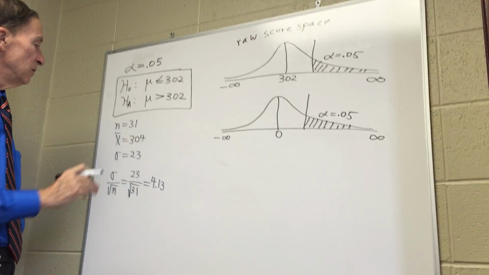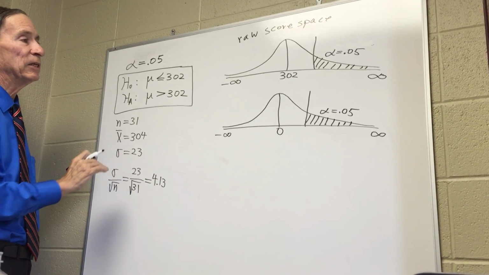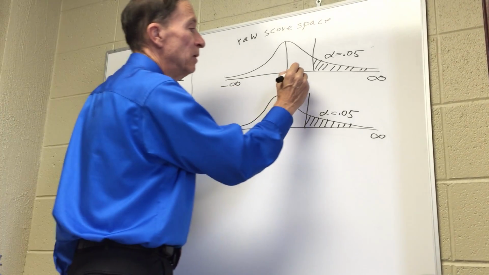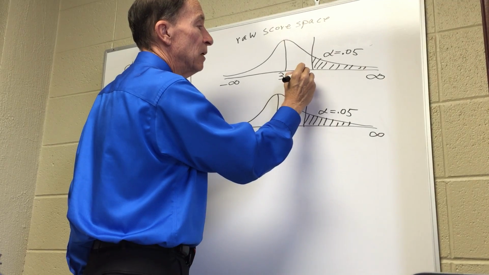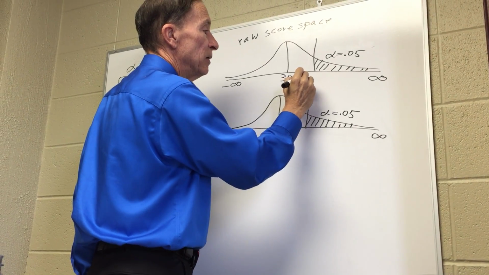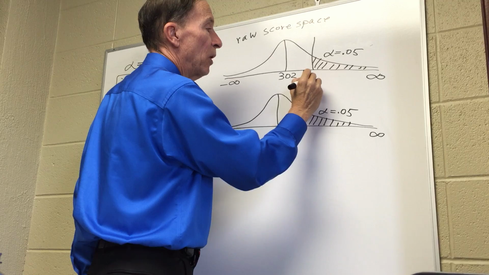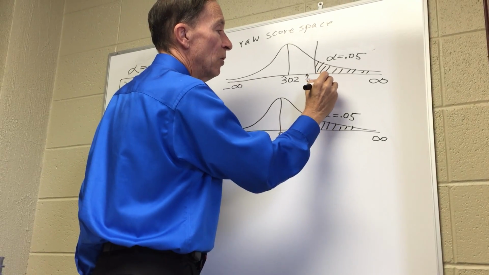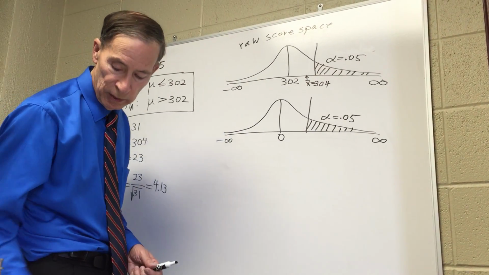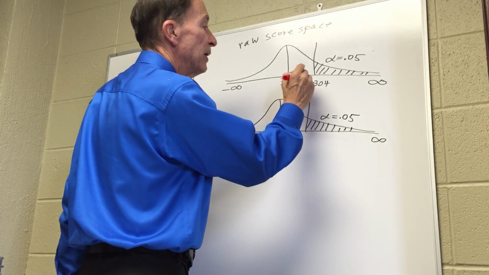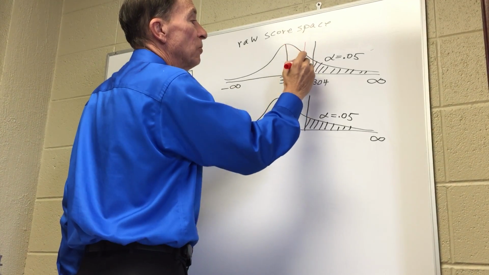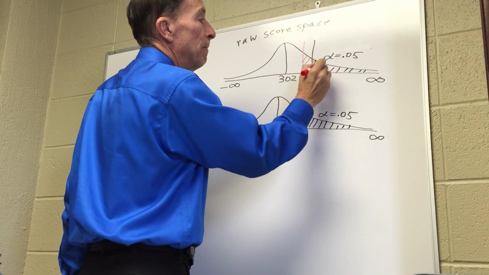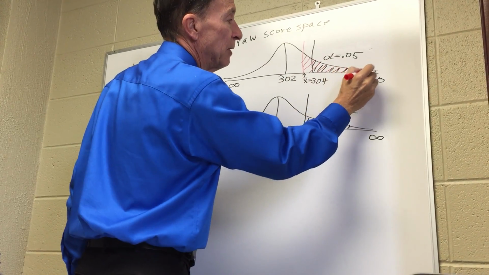Next, we've got to find out where this x bar value falls. We'll presume this x bar falls here, so x bar is equal to 304. If x bar is at 304, then we have to find out how much probability there is to the right of x bar under this bell-shaped curve.